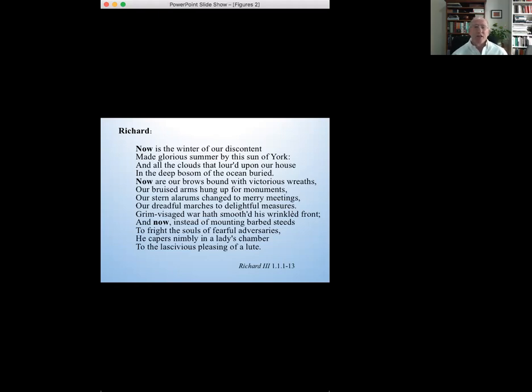So Richard comes out on stage and says, "Now is the winter of our discontent made glorious summer by this son of York. And all the clouds that loured upon our house in the deep bosom of the ocean buried.